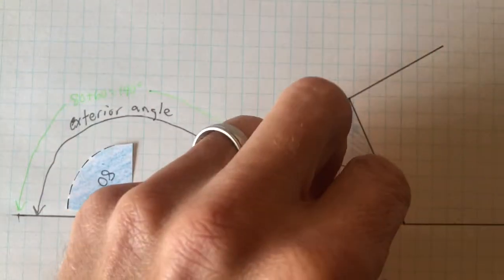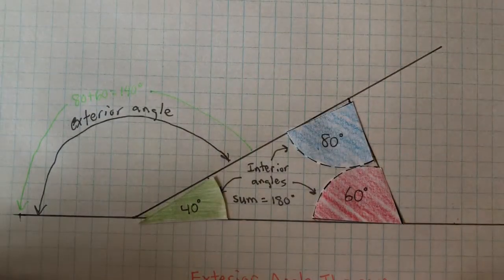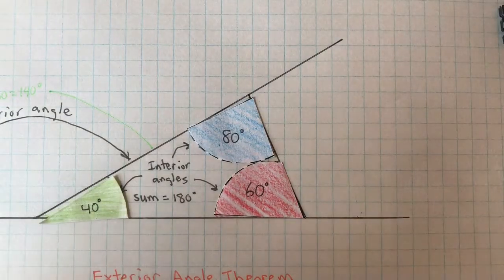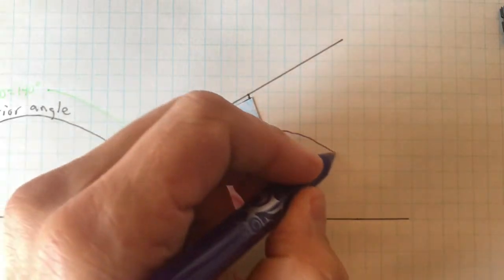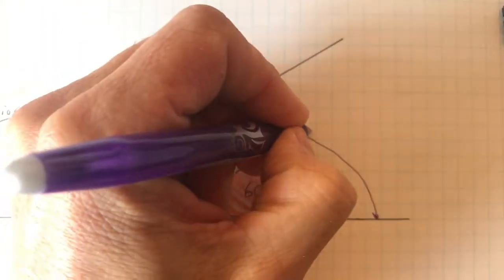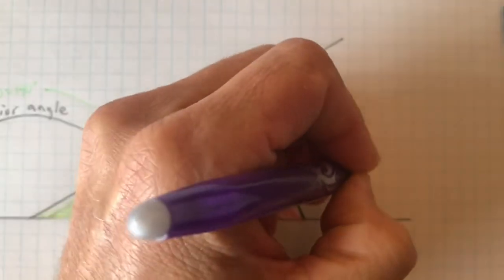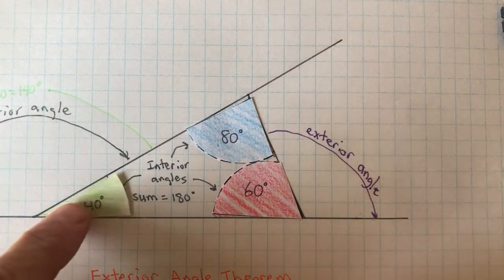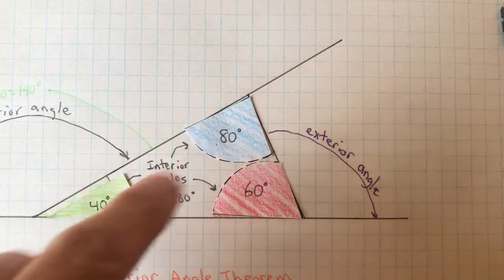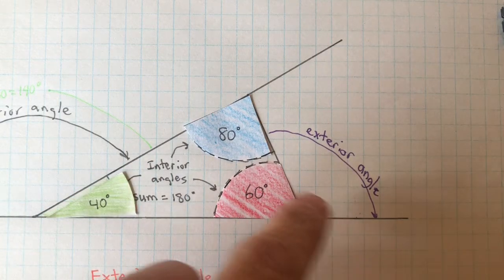So I'm going to put these back. And I'll slide it over here. And I can show it for the other side as well. For this exterior angle here, here's the exterior angle. I'm going to take the two remote interior angles, the ones that are farthest away.